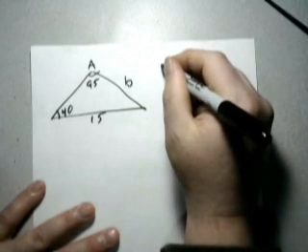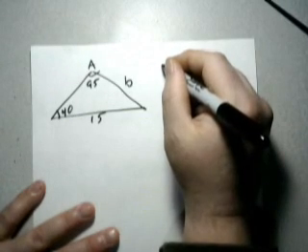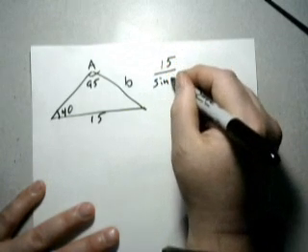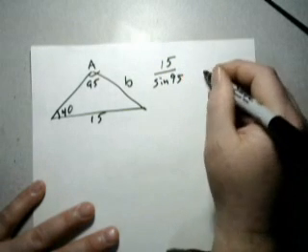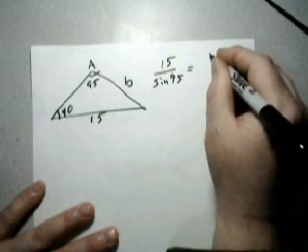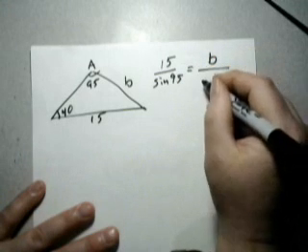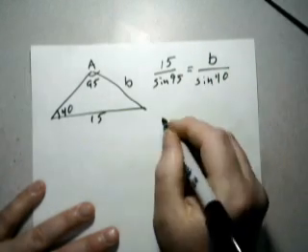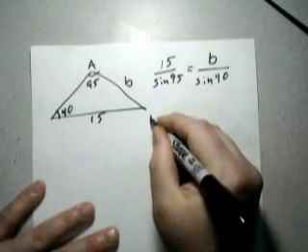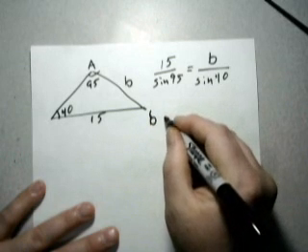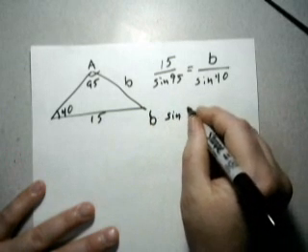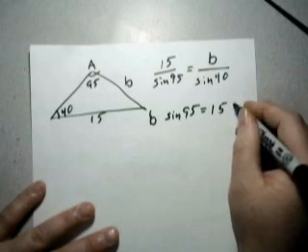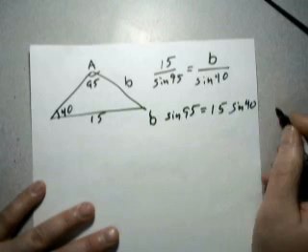And the law of sines states that 15 over the sine of 95 is equal to B over the sine of 40. So I cross multiply, and I've got B times the sine of 95 is equal to 15 times the sine of 40.